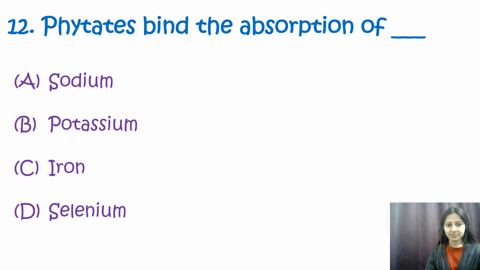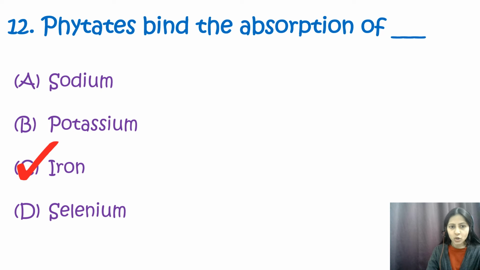Question number 12. Phytates bind the absorption of sodium, potassium, iron, and selenium. So the correct option will be option number C, that is iron. Phytates are naturally occurring compounds which are found in plant seeds, legumes, and grains. When they bind with certain minerals in the digestive tract, they reduce the absorbability by the body.